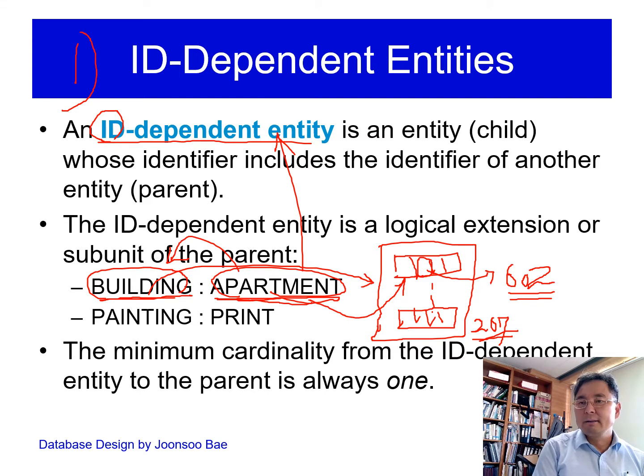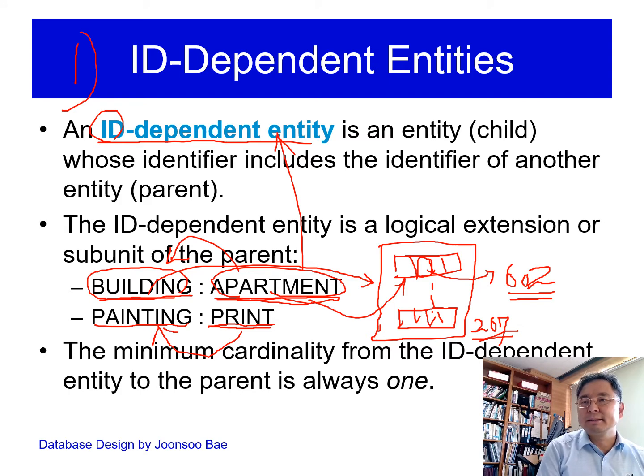The same way, painting and print. Just like the Mona Lisa in the Louvre Museum, the painting is the original, genuine Mona Lisa painting. And there may be many prints or copies of this painting. In that case, the print is an ID dependent entity of the painting.